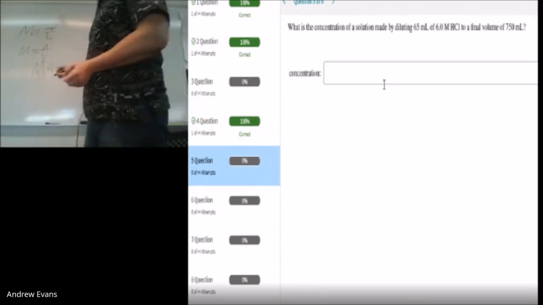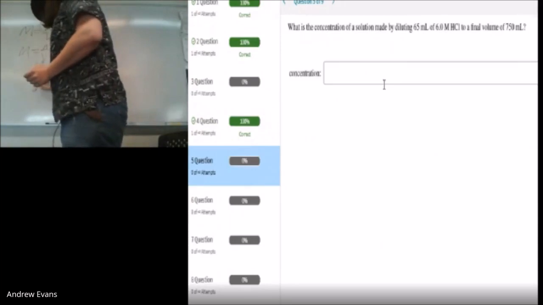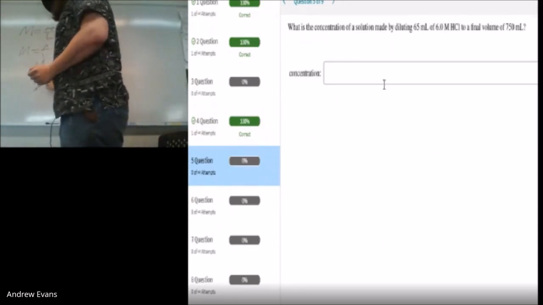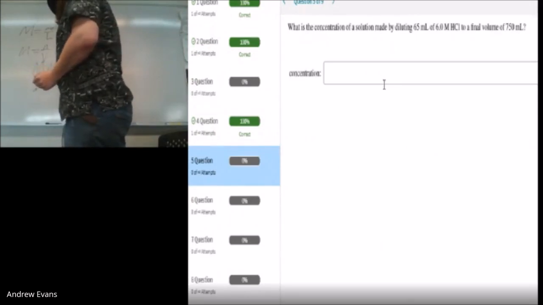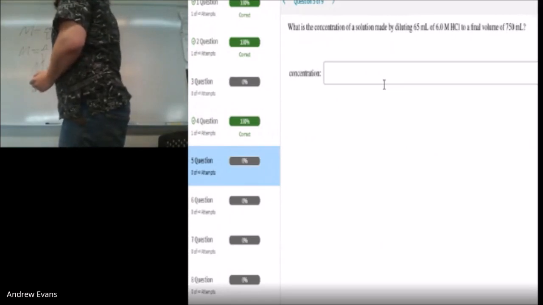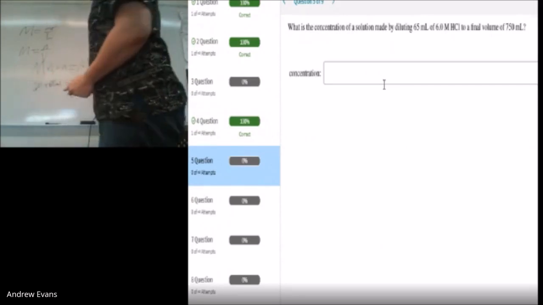So saying I have a 6 molar HCl and it's 65 mL, what is the concentration when we've diluted this to a final volume of 750 mL?